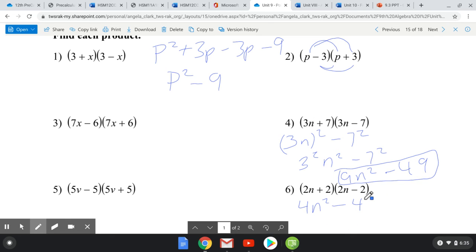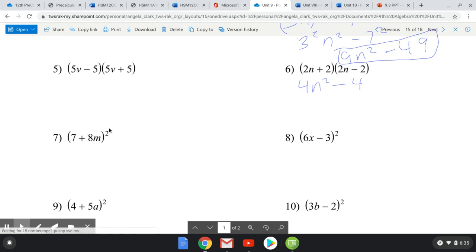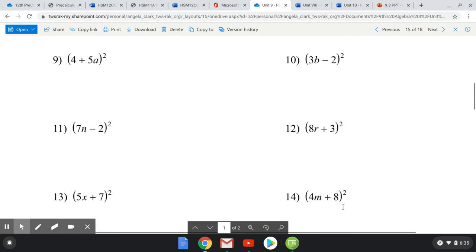So that's how the difference of squares distributing pattern works. Anytime you see this pattern, it's going to follow that difference of squares. On this worksheet that I'm looking at right now, these look like they all follow it. This one doesn't, right? This is a different pattern, the pattern that we're going to talk about next time.